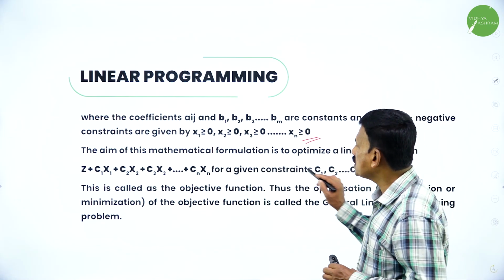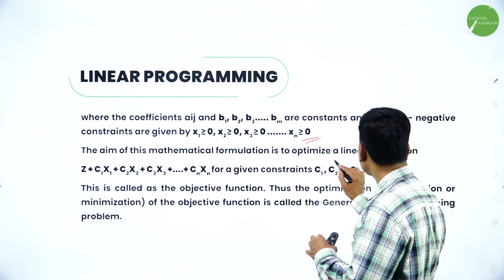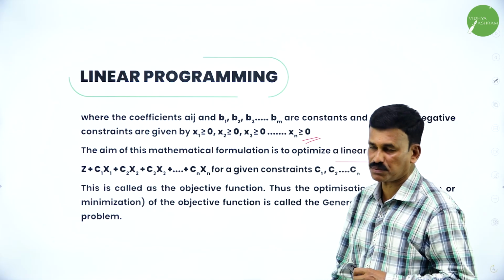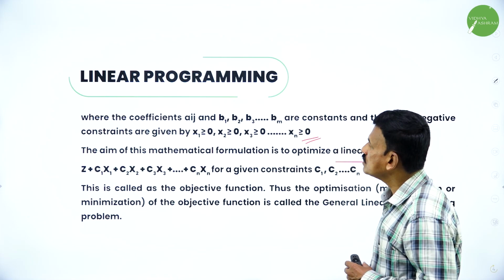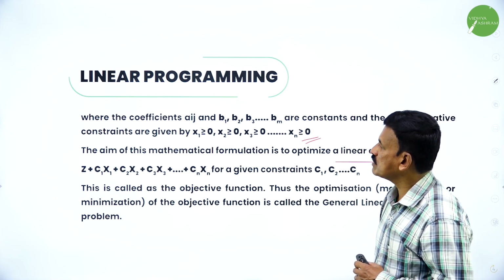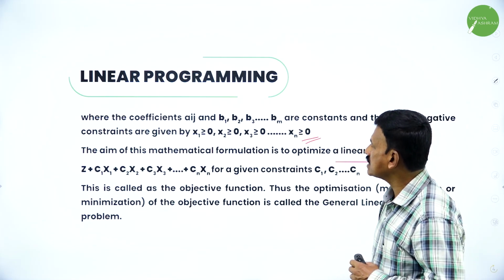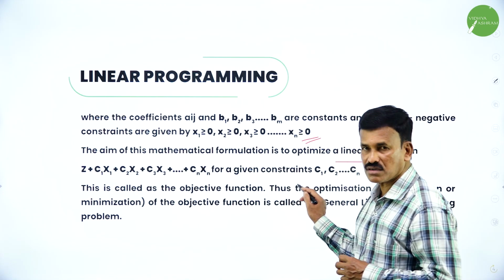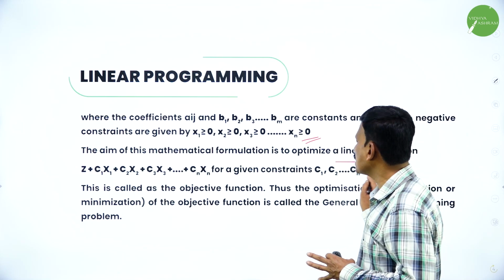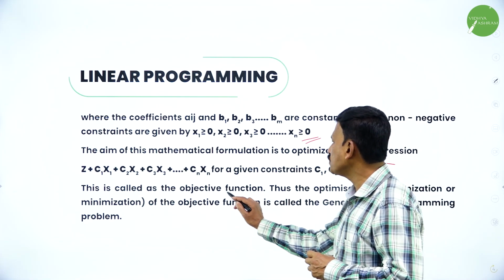The aim of this mathematical formulation is to optimize a linear expression, that is z is equal to c1x1 plus c2x2 plus c3x3, etc., cnxn, for given constants c1, c2, etc., cn. This is called the objective function.